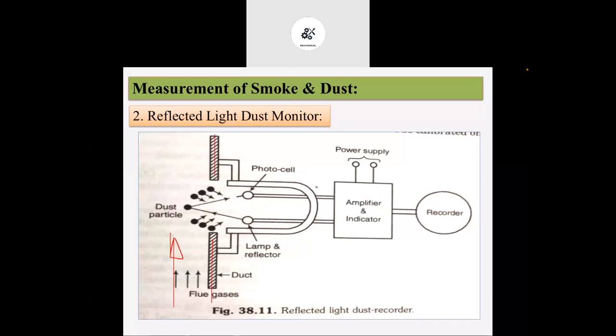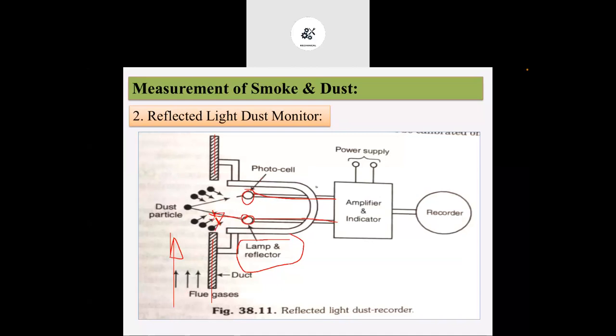You can see there is a tube, through which the flue gases are traveling. On the right hand side, you can see the lamp and reflector, and one photocell. These two are connected to the amplifier and indicator, and also to the recorder.